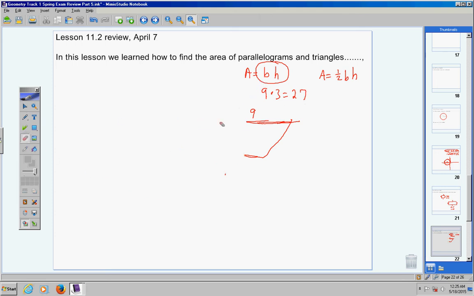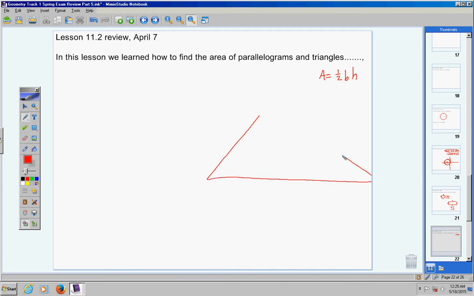Now, let's find the area of a triangle real quick just to practice. Alright, now, look. We're going to find the area of this triangle, okay? In order to do that, I have to know the base and the height. Now the base is 5.